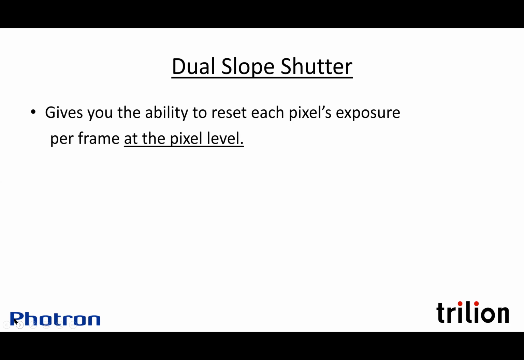So imagine if you're looking at the image that we just saw, there were some pixels that were not overexposed. They were fine. And so the dual slope shutter during that recording would not have reset those pixels.